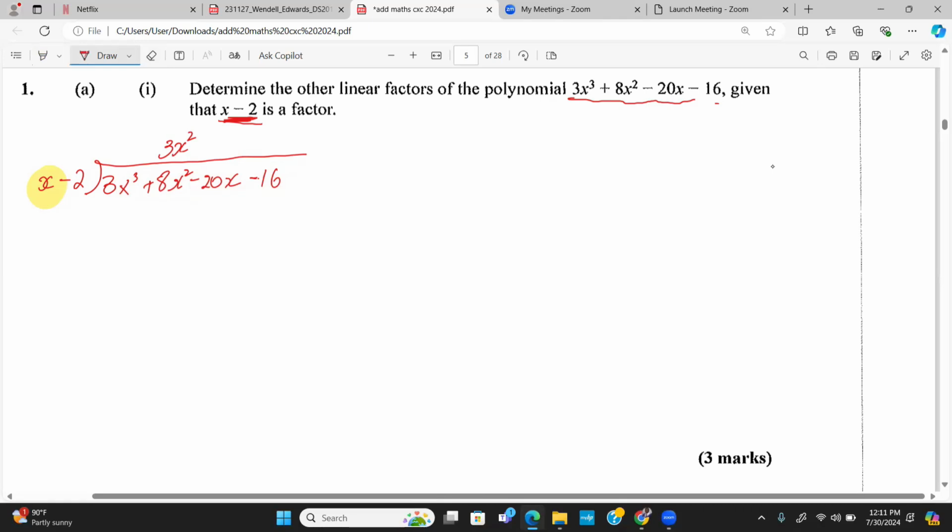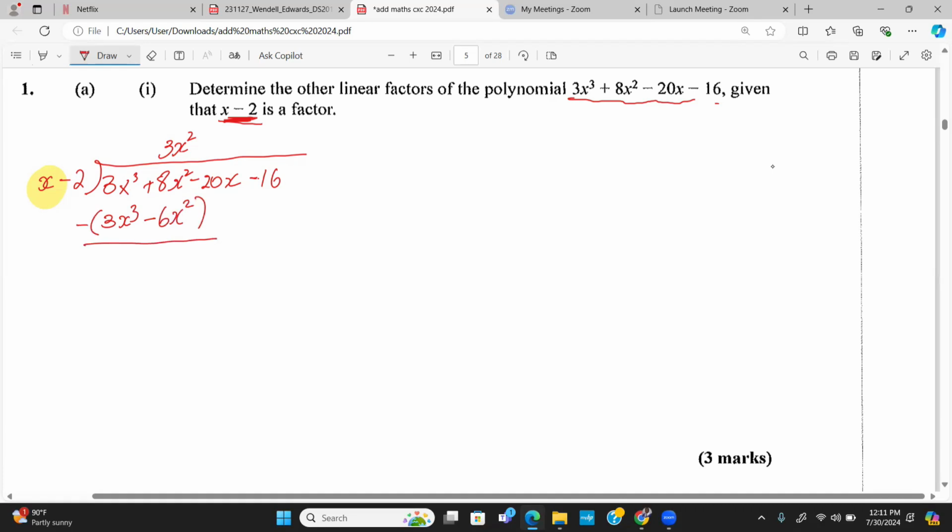So we're going to multiply 3x squared times x minus 2. So 3x squared times x is going to give us 3x to the third. 3x squared times 2 is going to give me minus 6x squared. So as you can see, I did multiply.